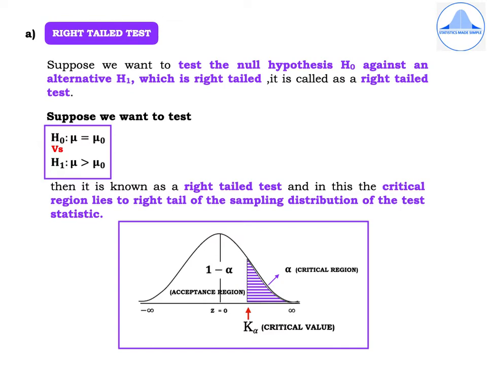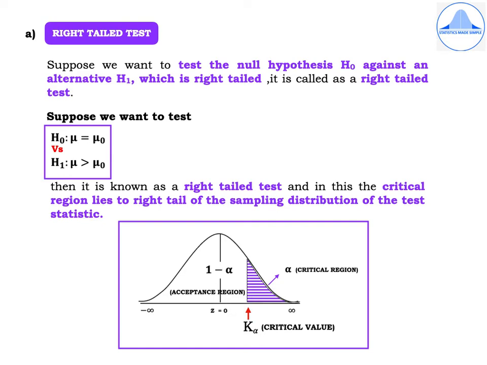Observe carefully, H0 is the null hypothesis and H1 is the alternative hypothesis which is right-tailed. Whenever we test H0 against H1 where H1 is a right-tailed alternative, such a test is called a right-tailed test. In this case, the critical region lies in the right tail of the sampling distribution of the test statistic. In the purple colored box, I have drawn a normal curve where the center line is z equal to 0 and the extremities are minus infinity and infinity.